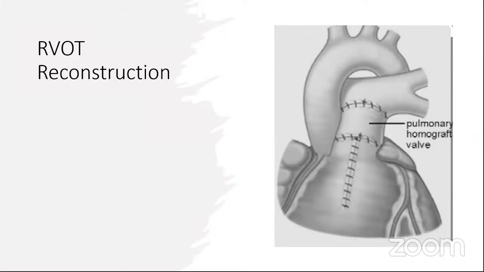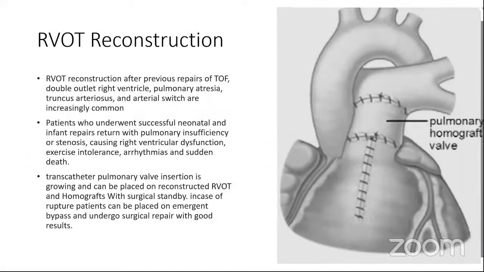The RVOT reconstruction. After previous repairs of tetralogy of Fallot, double outlet right ventricle, pulmonary atresia, truncus arteriosus, or arterial switches, it is increasingly common to require RVOT reconstructions later on.